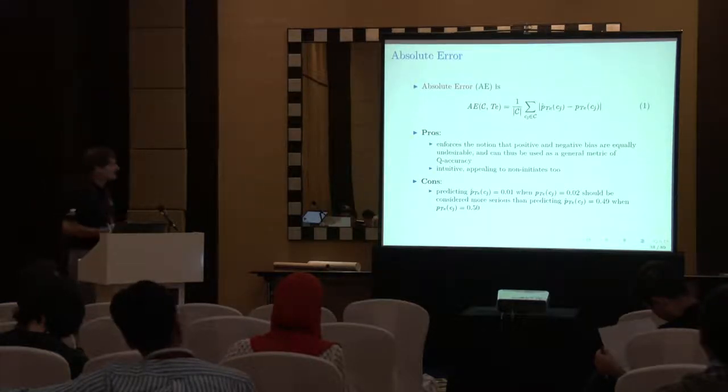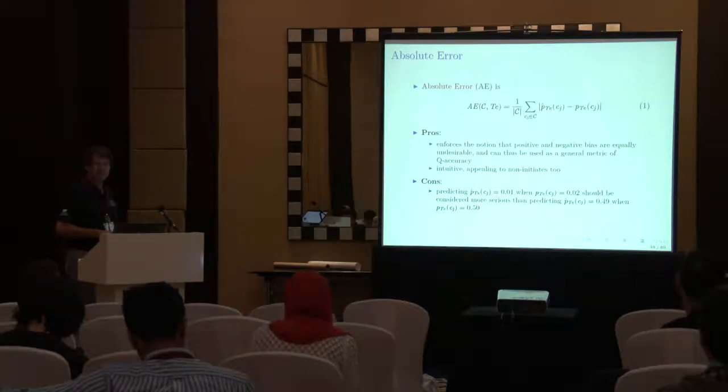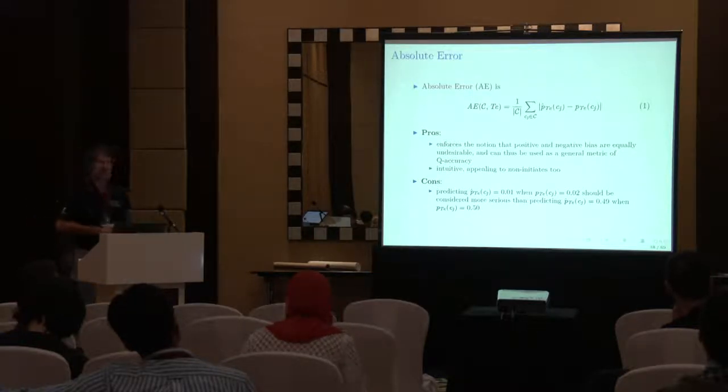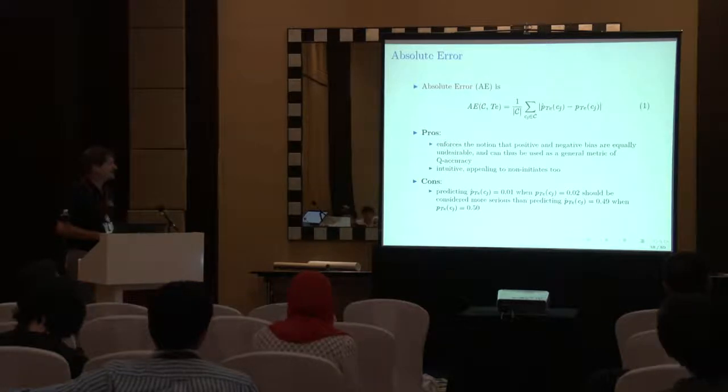In order to evaluate the quality of our prediction, we simply take the absolute value of the difference between the predicted percentage and the true percentage in the gold standard, and we average it out across all the classes. This is pretty straightforward. What are the pros and cons? The pro of this measure is that it is very intuitive and very understandable also to non-initiates.